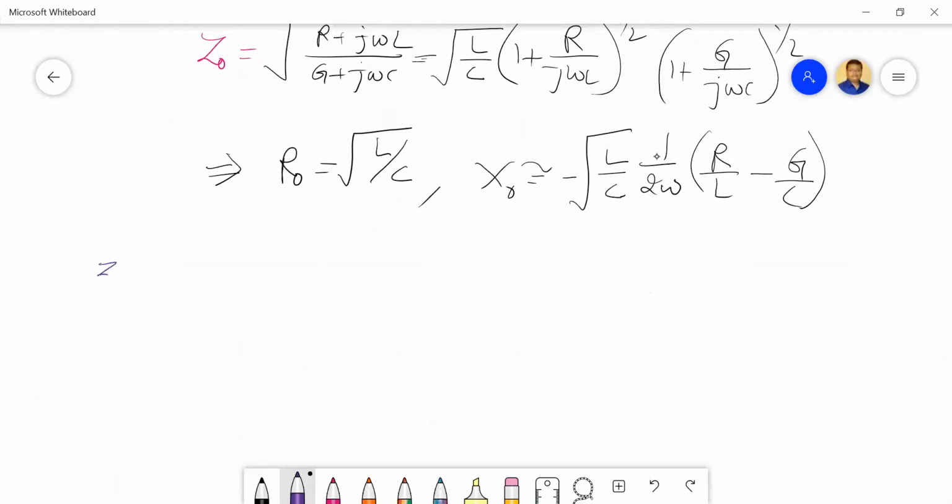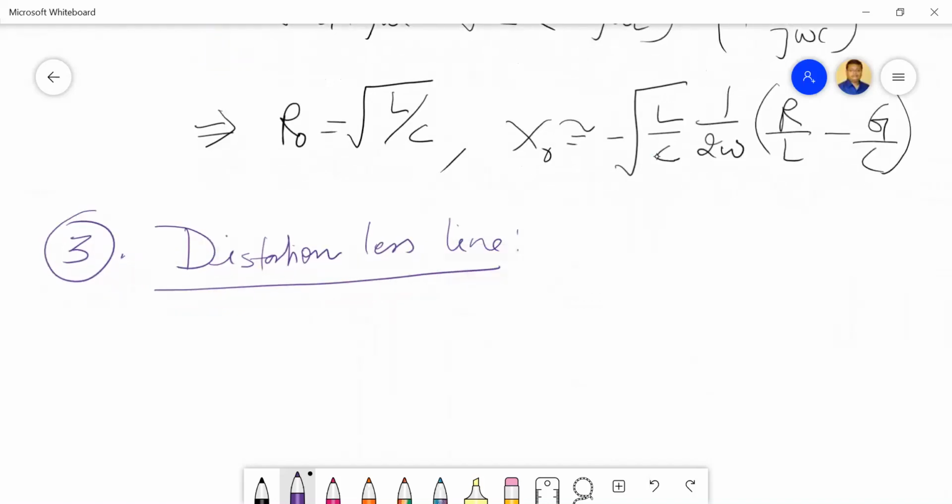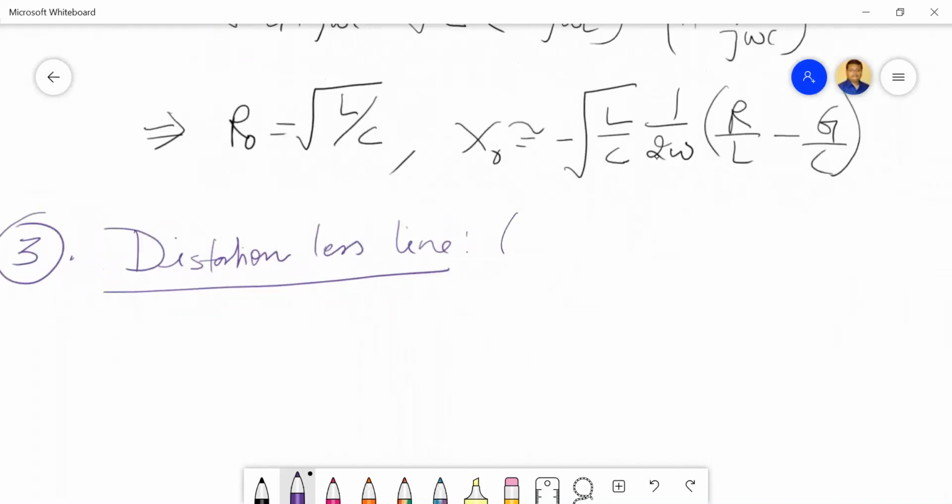Now the third is the distortionless line. What is this? This is the condition R by L equals G by C. If you put this condition, you will see at the end why this is the condition.